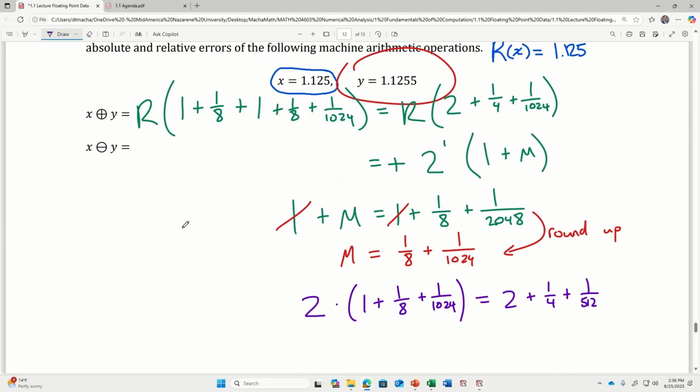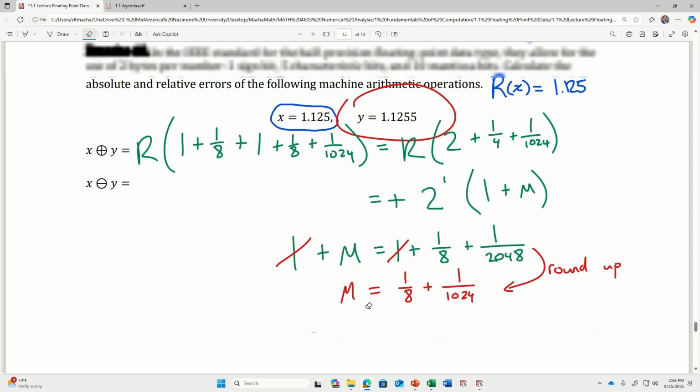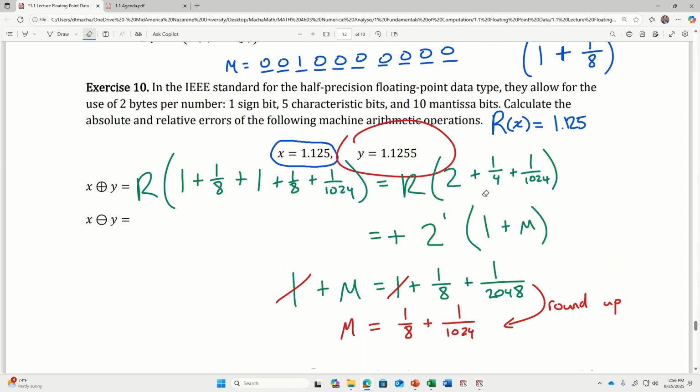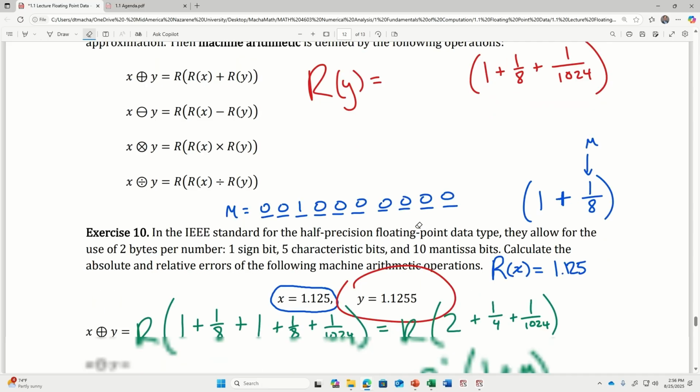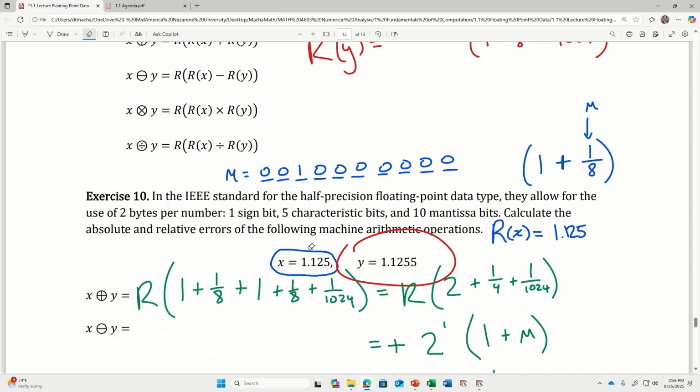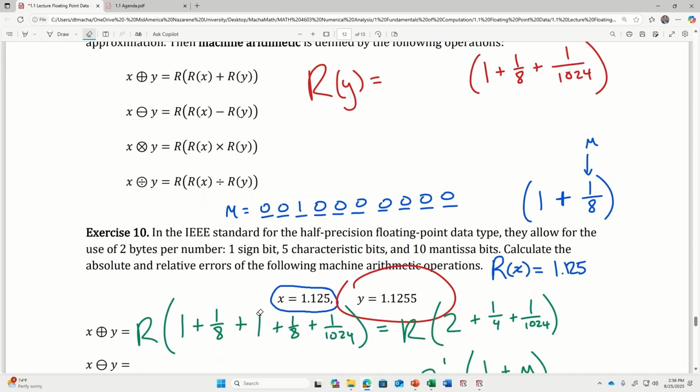Let's try to do x machine minus y and see what we get, because that might be even crazier. To start, we would do the same thing, right? If I want to subtract, I would first find the closest representation of x, which is itself, then the closest representation of y, which would be that.